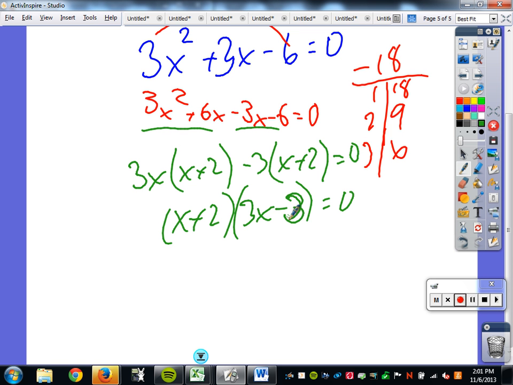So if I rearrange this, if you put this the other way, it looks like that. That's the other way, but it's the same thing.